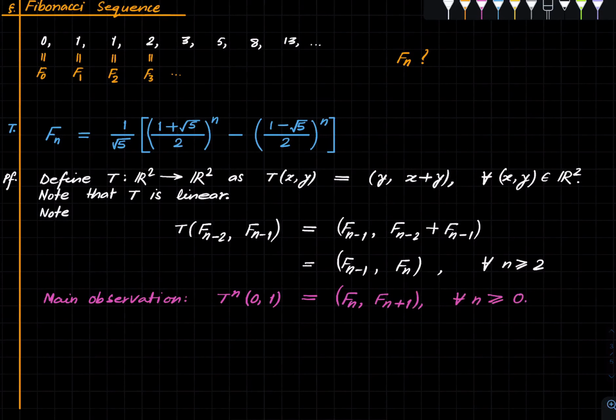So you start with (f0, f1), apply T to it, you will get (f1, f2), which is correct, because what you will get is (1, 2)... So you can just check this and prove this via induction if you like. So this is the main observation, that just the nth hit from T to this vector gives you, the first coordinate of it gives you the nth term of the Fibonacci sequence. So can we somehow find this out?